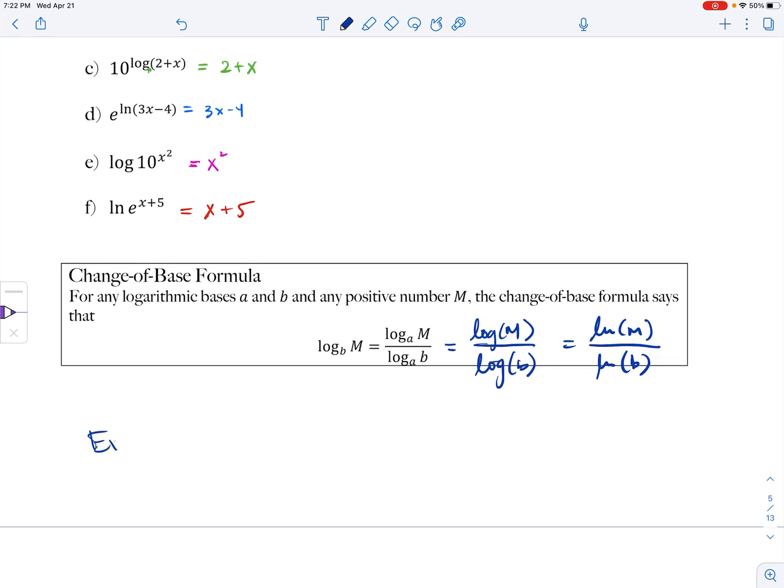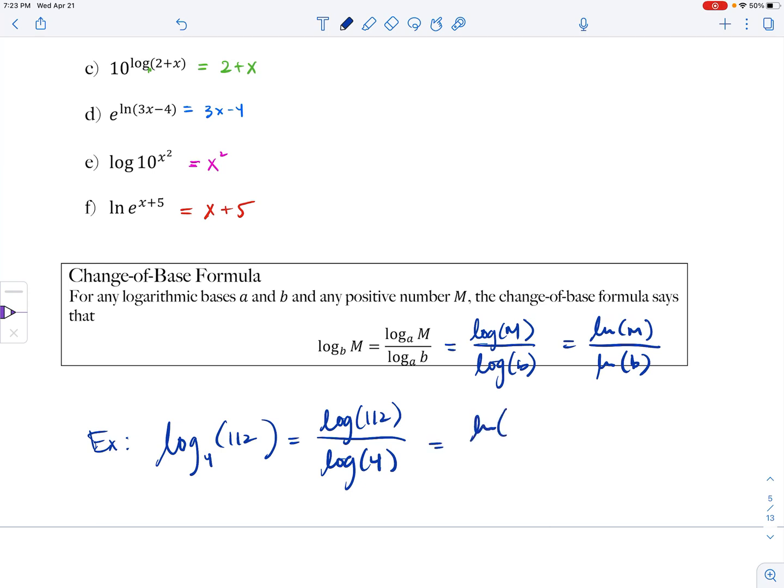So an example would be if you're trying to find the log base 4 of 112. That can also be written as log of 112, the argument, over log of 4. Or you could also use natural log.